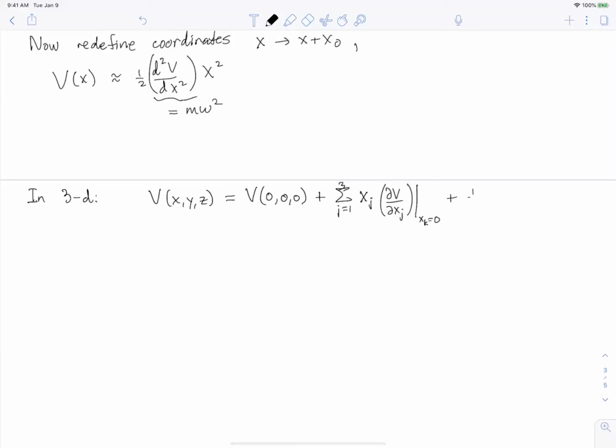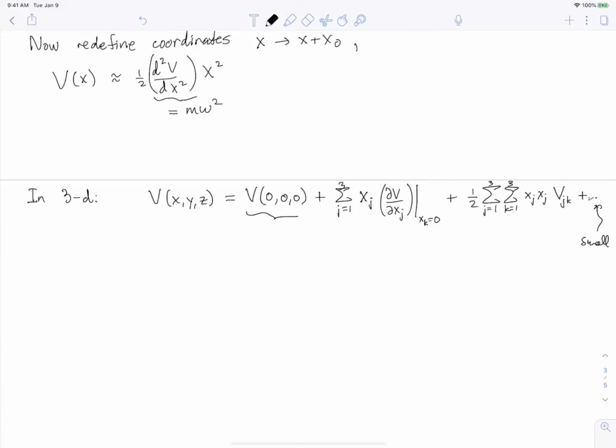And then I have a 1/2. Now I have to sum over j and k independently, each one from 1 to 3, because there are three coordinates. And so then there's x_j x_k times a second derivative, which I'm going to write as V_jk. And then more terms, but again, I'm going to assume those are small.